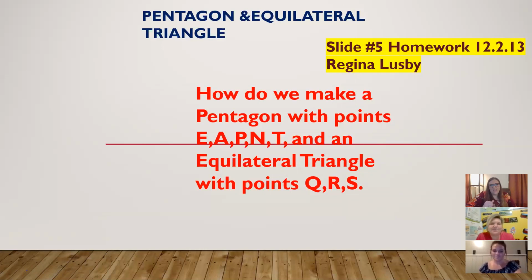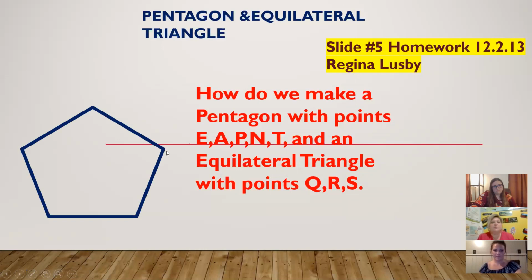Hey, Regina, how do we make a pentagon with points E, A, P, and T, and an equilateral triangle with points Q, R, S? Okay, if you'll go ahead and click on that, and then it'll start popping up and showing us if we had a pentagon, and then there's our triangle. And basically all we're going to do is mark each one of those points and then give them a letter.